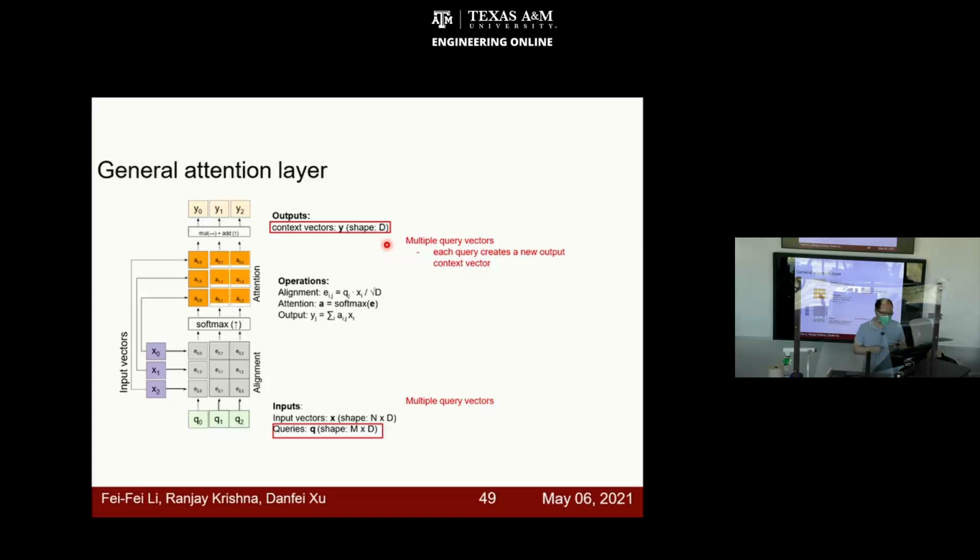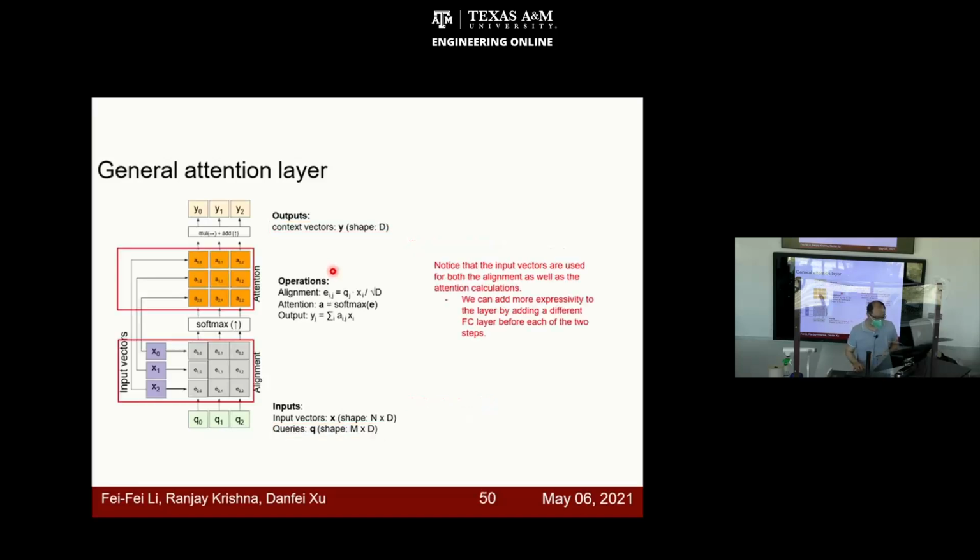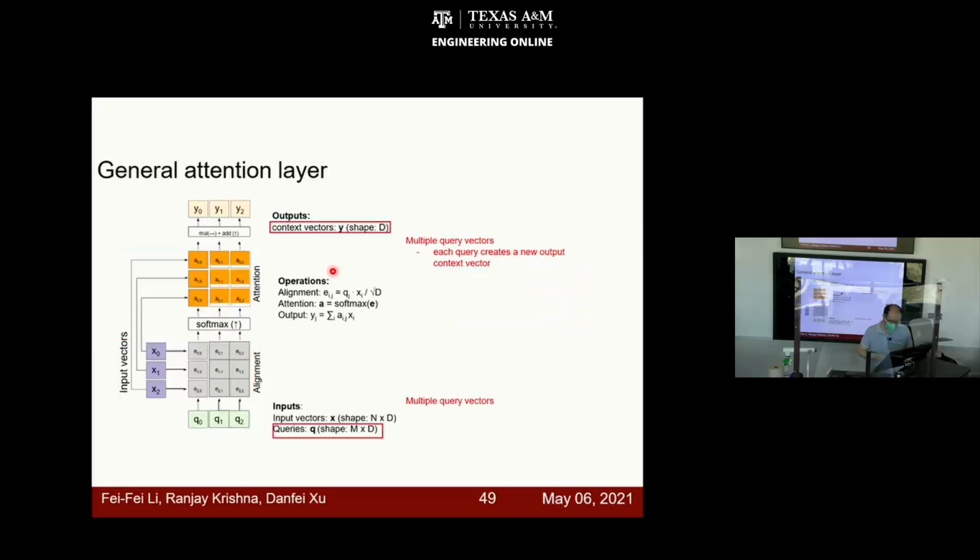So another change here is that instead of looking at a single Q with the output being a single Y vector, we can actually do it over multiple query vectors. Okay, so we can use multiple query vectors, and we'll talk about that as well. This is the second change we'll make to make it more general.